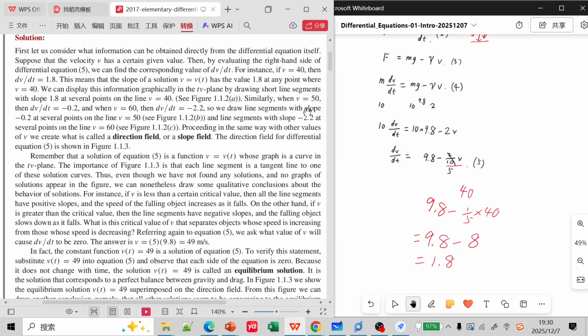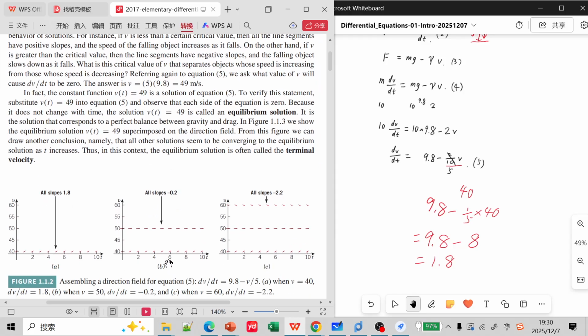Similarly, when v is equal to 50, then dv over dt is equal to minus 0.2. And when v is equal to 60, then dv over dt is equal to minus 2.2. So we draw line segments with slope minus 0.2 at several points on the line v is equal to 50. You can see here, this is the v axis and this is the t axis.